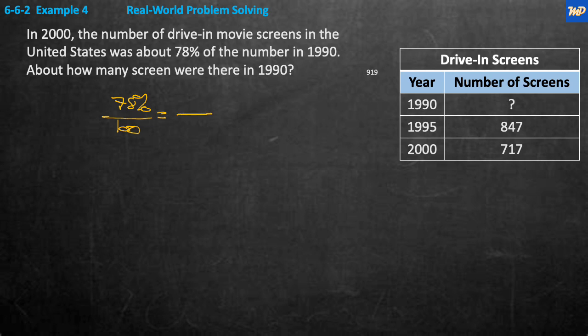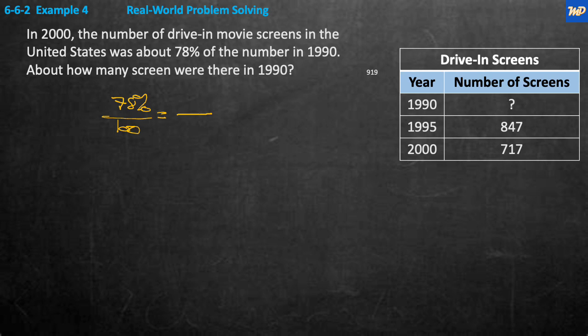The number on the bottom is 78% of the 1990 numbers. The 1990 numbers is what we're trying to find, so that's going to be the number on the bottom. The number in 2000 is where we are now, so this 78% is where we are now based on what it was in 1990.